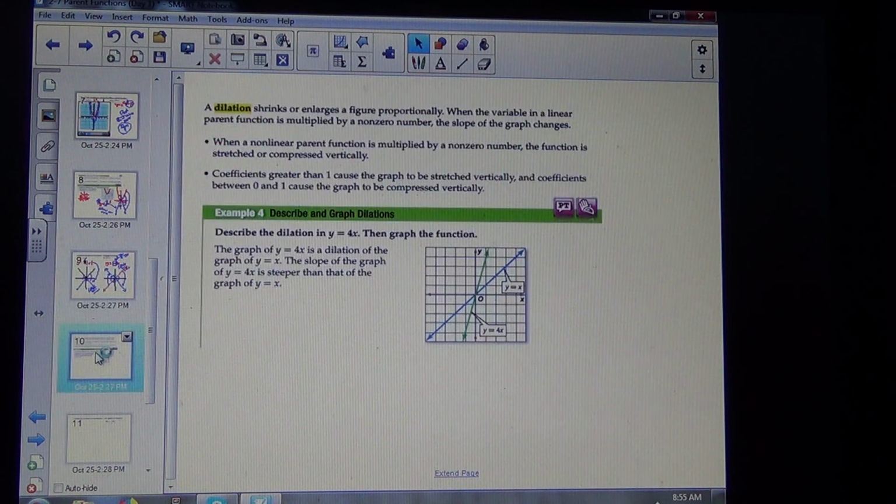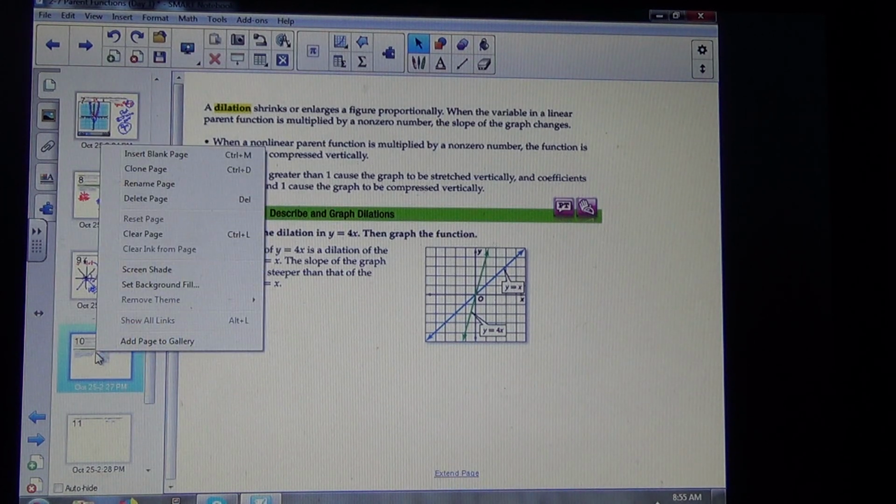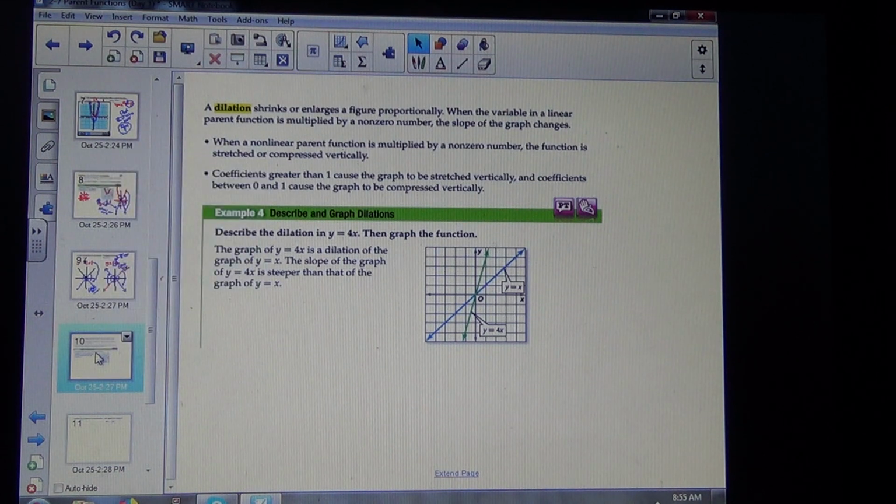Alright. So the third type of translation that we can have is a dilation. And what a dilation does is it changes the height. So it'll get steeper or flatter depending on what is showing.